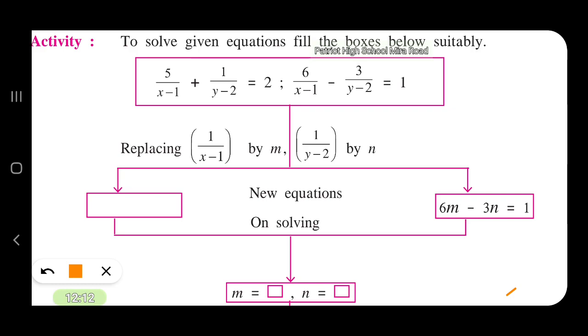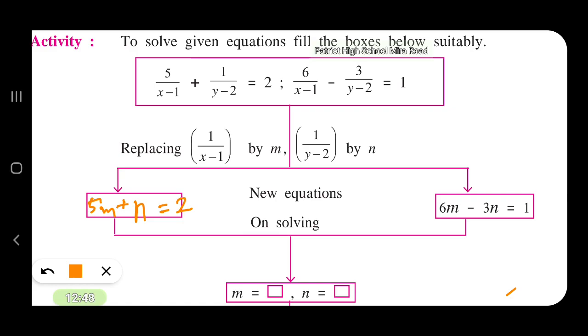So replacing 1 upon x minus 1 by m and 1 upon y minus 2 by n, we have the new equations. The first is 5m plus n is equal to 2. And the other equation is 6m minus 3n is equal to 1.